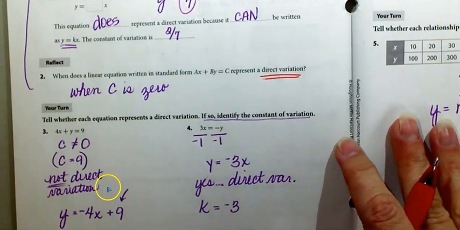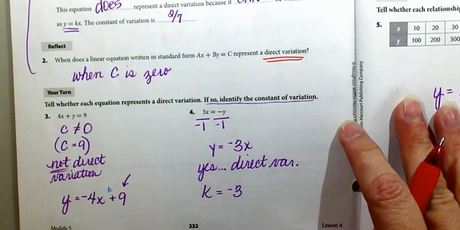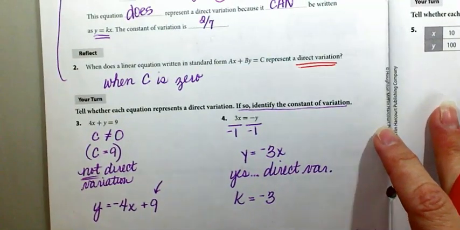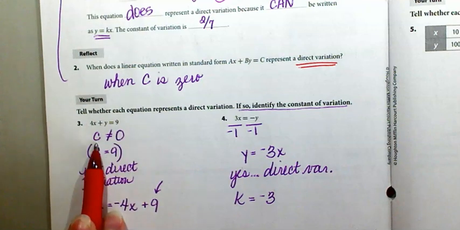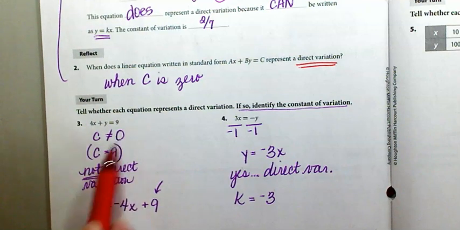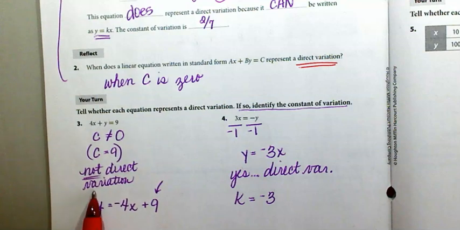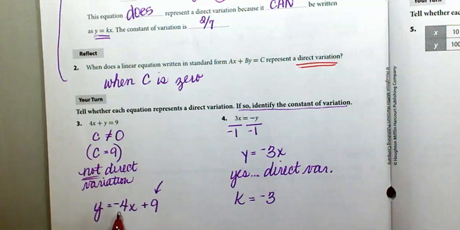It's still a linear equation, but it's just not going to run through the origin, so it's not direct variation. Okay, so here, 4x plus y equals 9. C is not equal to 0 because c is 9. I know it's not direct variation. If I solve the equation for y, like y equals mx plus b, I get negative 4 for my slope, and I get a positive 9 for my y-intercept. So this line does not go through the origin, so it's not direct variation.